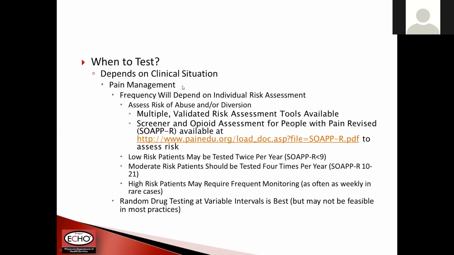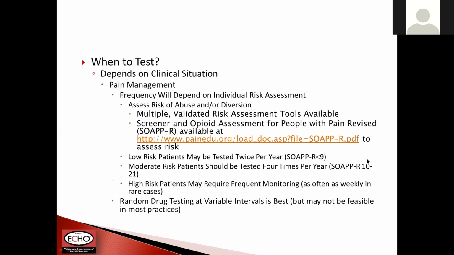And then there's pain management in primary care. This is a big new, not new, but relatively new utilization for drug tests. And there's a lot of concern about how often to test. You can really assess risk by using screening tools such as the SOAP-R, which is a very easy screening tool.